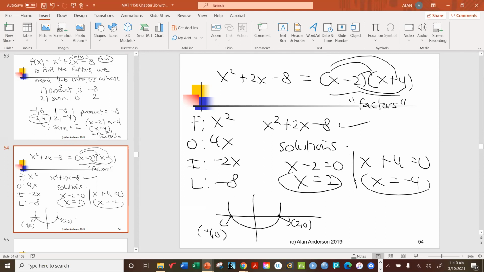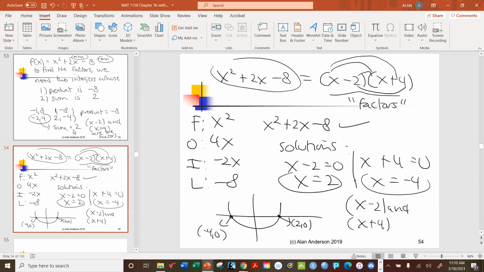That's because if this product equals 0, then each term individually equals 0. And then we end up with this. So these are the actual factors, x minus 2 and x plus 4. The word factor indicates that these are binomial expressions, meaning there's two terms within the parentheses.